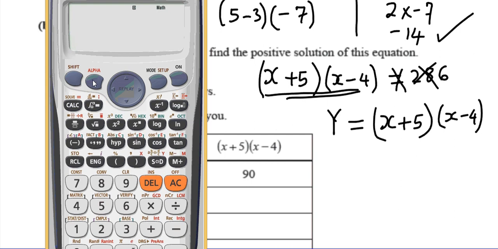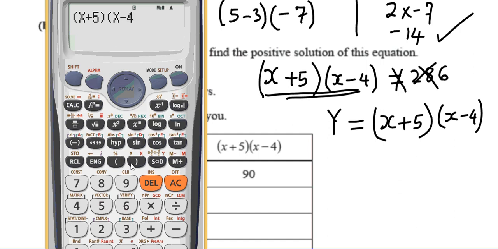Okay, so alpha y equals bracket x plus 5, so alpha x plus 5. Then alpha x minus 4.